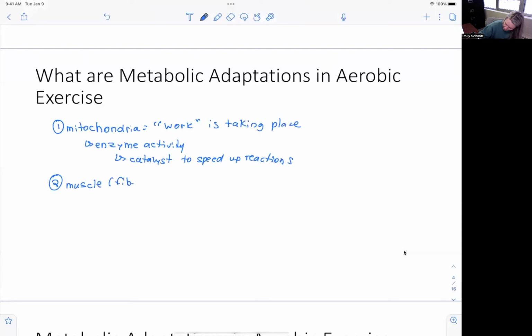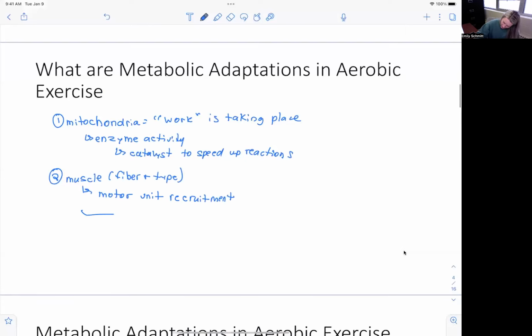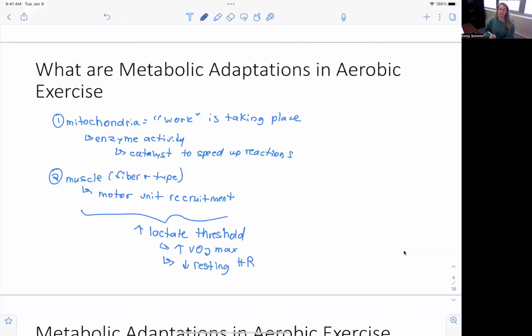So talking about fiber and type and motor unit recruitment. So this also gets into our lactate threshold, which in turn is talking about VO2 max, an increase in your VO2 max, and actually a decrease in your resting heart rate. And we'll talk about some of these concepts here as we get through this lecture.